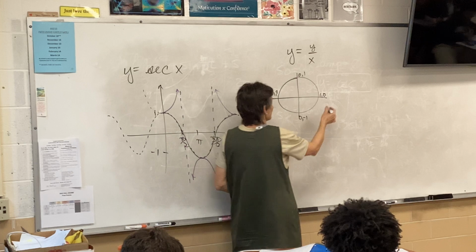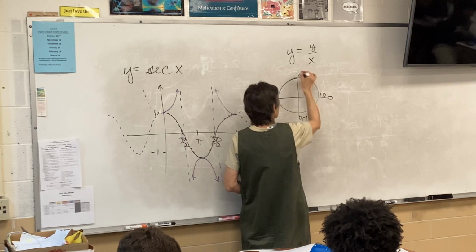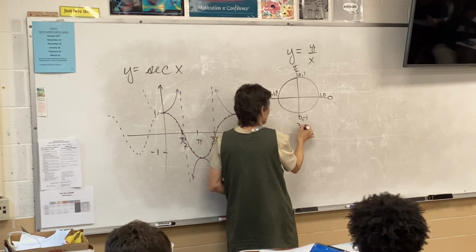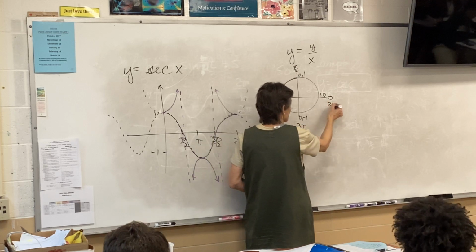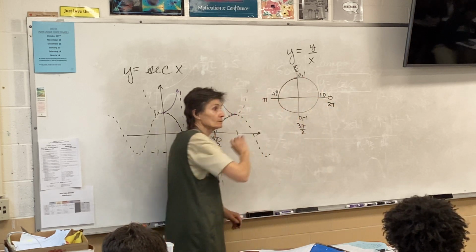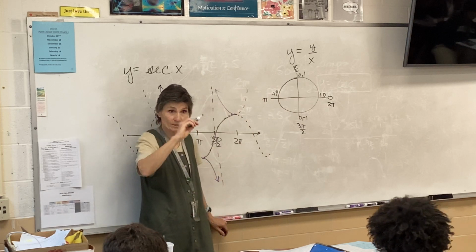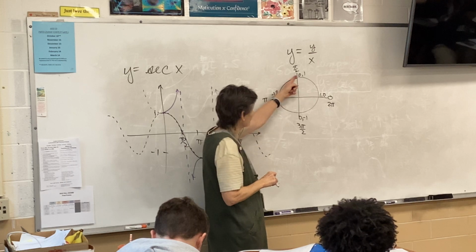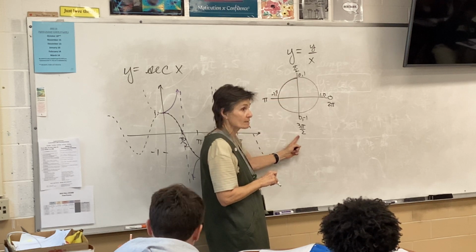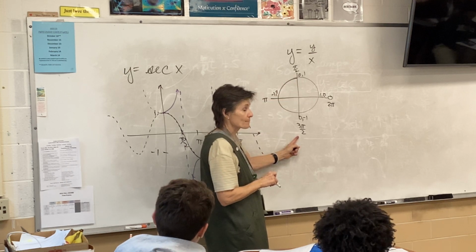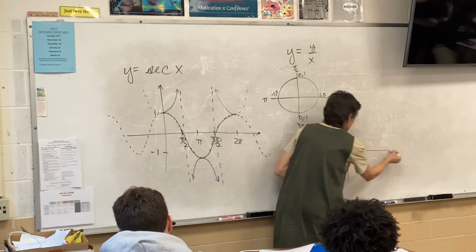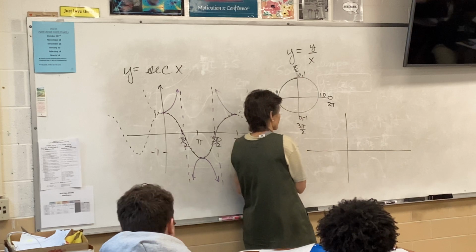Keeping in mind that this is 0, pi over 2, pi, 3 pi over 2, and 2 pi if I go around. Remember, all the way around is 2 pi? So halfway is pi, this is pi over 2, this is 1.5 pi's. So here's my axis.